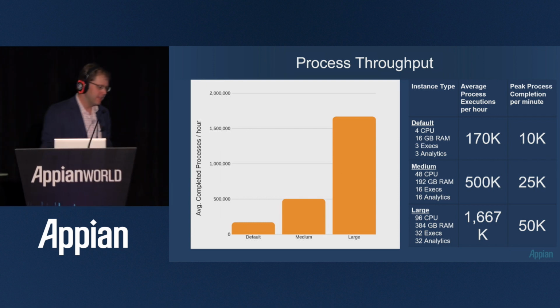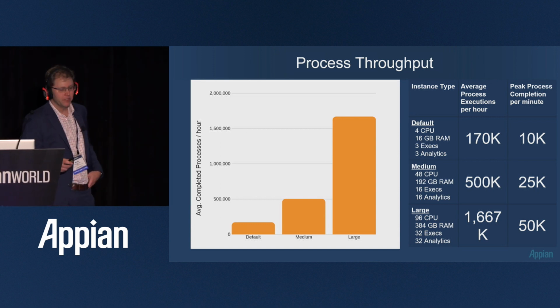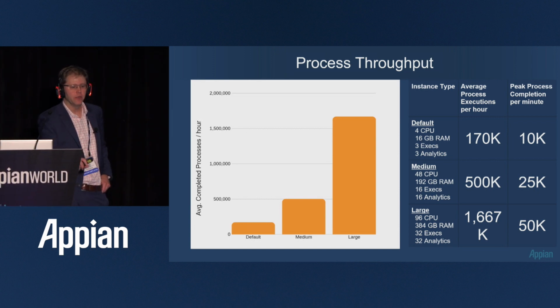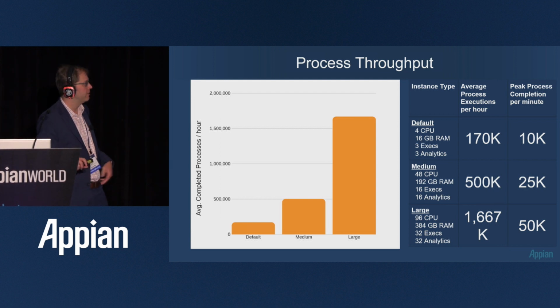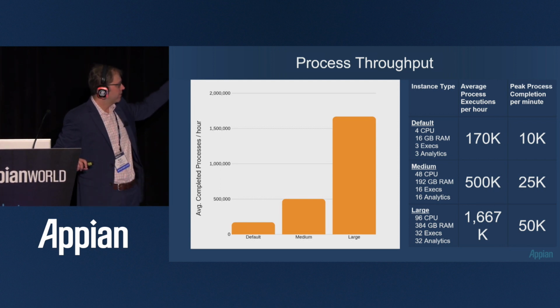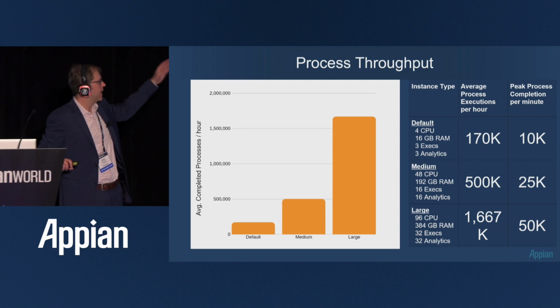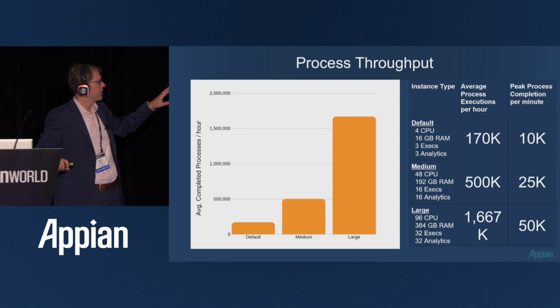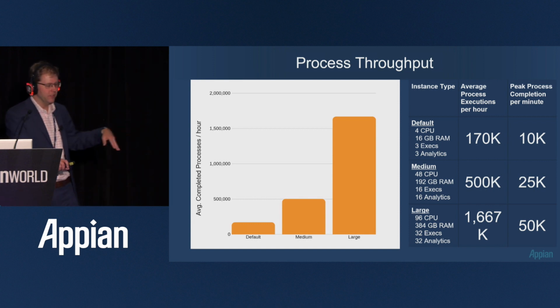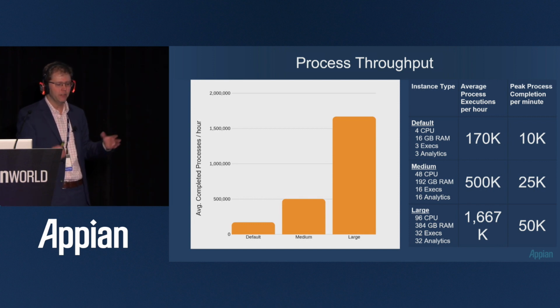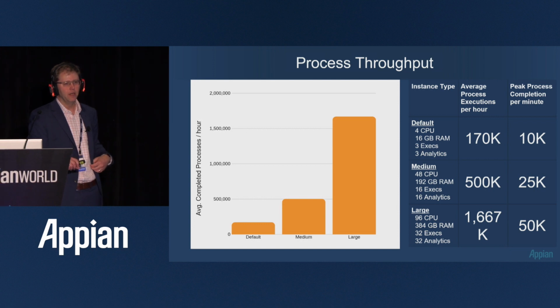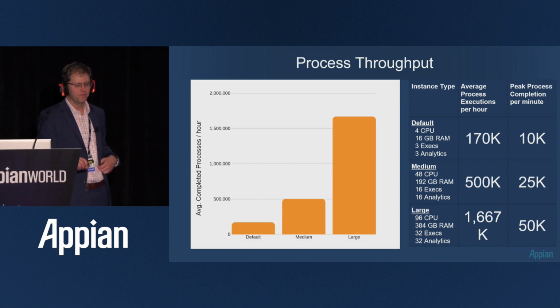Another test that we did that is a good indicator of how you can increase your process throughput is the number of processes completed per hour. Across several different tests, we took the average of completed processes per hour by different server configurations, so different permutations of execution and analytics shards.